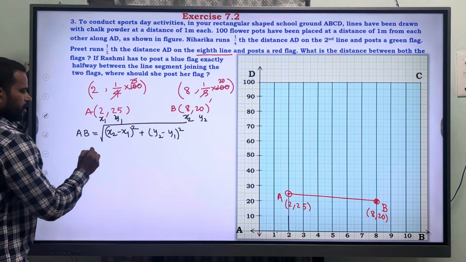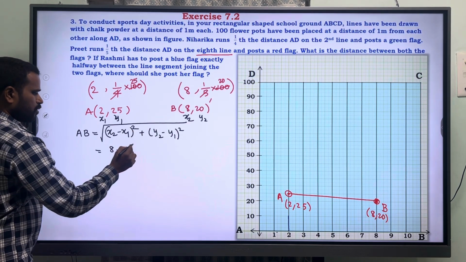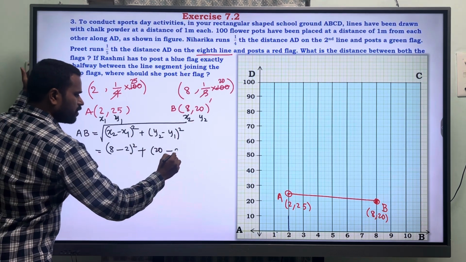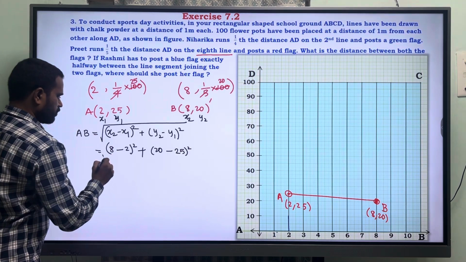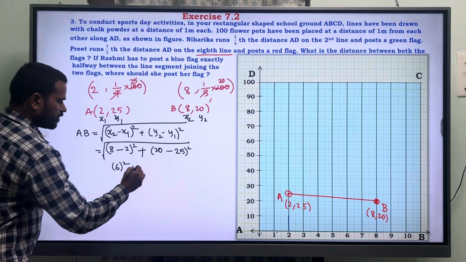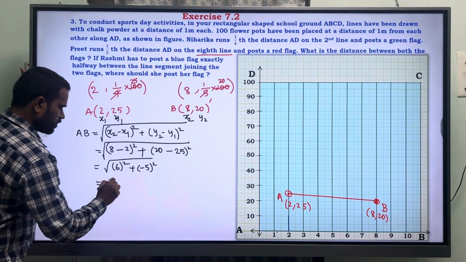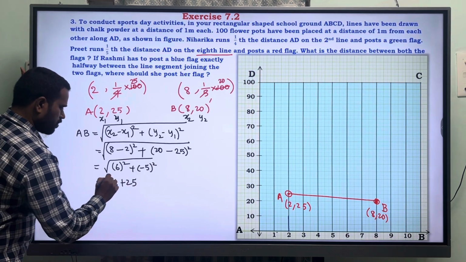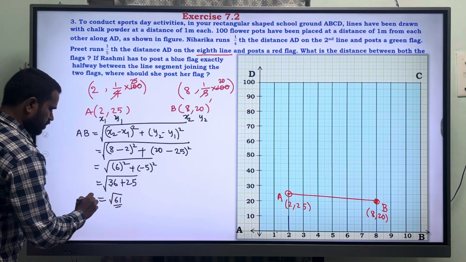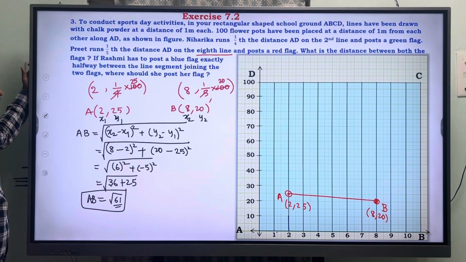Now x2 is 8 minus x1 is 2 whole square plus y2 is 20 minus y1 is 25. So 8 minus 2 is 6 square plus 20 minus 25 is minus 5 square. That equals 36 plus 25, which is root 61 units. So the distance is root 61 units.